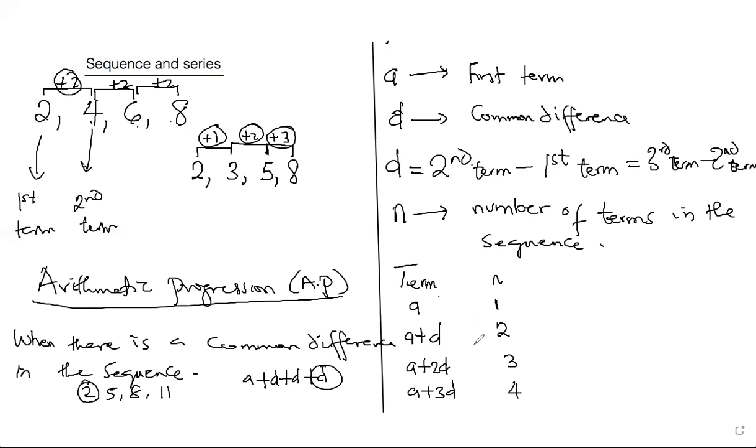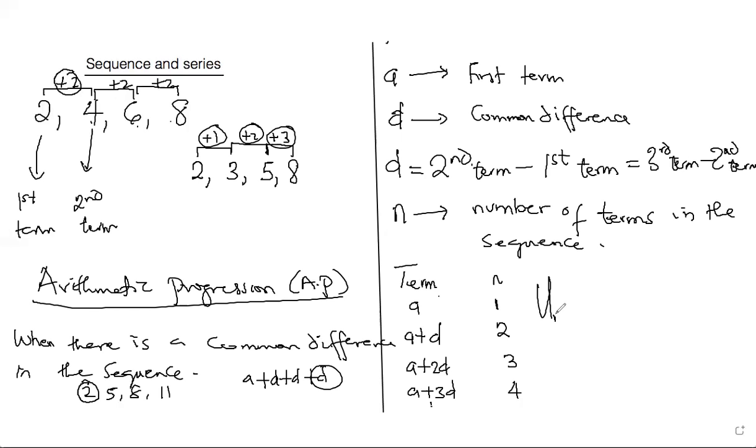If you look at this, you see a pattern here. When N is 2, you have 1D. When N is 3, you have 2D. When N is 4, you have 3D. Which means for any particular term at a particular position N, I can determine the nth term of that sequence.